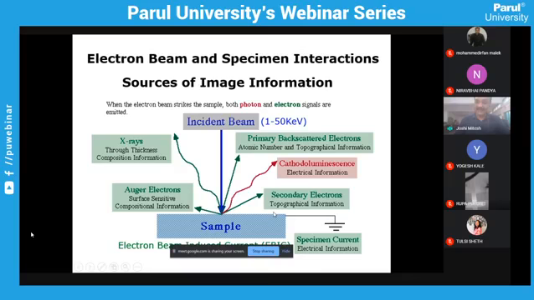Again, you have electrical information also: if you provide current or voltage, you can identify whether the material is a semiconductor, insulator, or semi-metal. By knowing this interaction of electrons with the sample, you can have this kind of information. So this is called characterization.